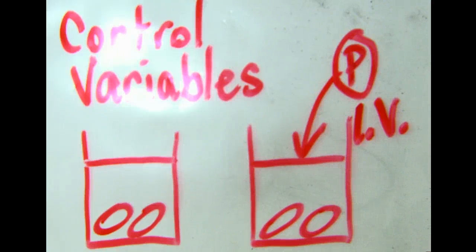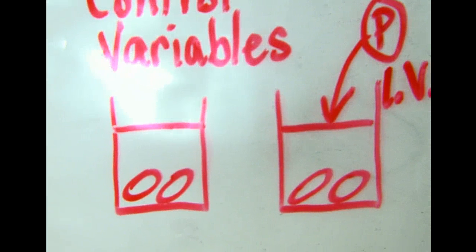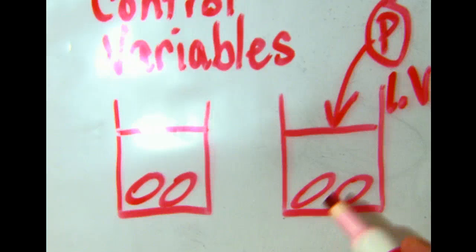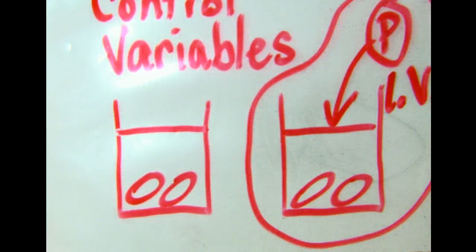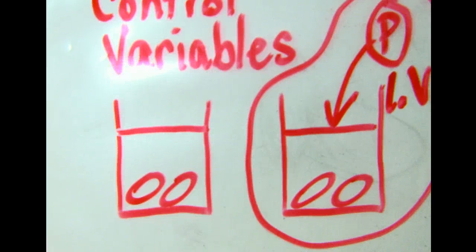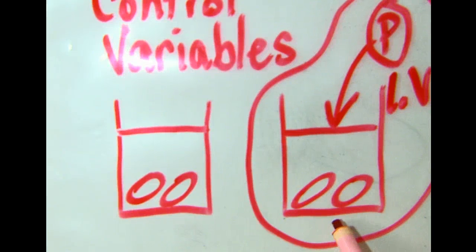Now, we also talked about test group and control group. Here's what you need to remember. The test group is the one that has the independent variable. So this one is the test group or the experimental group because that's the one that we're testing.